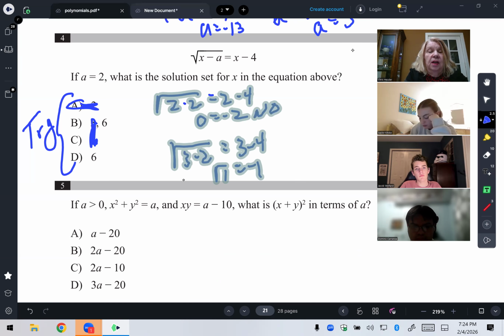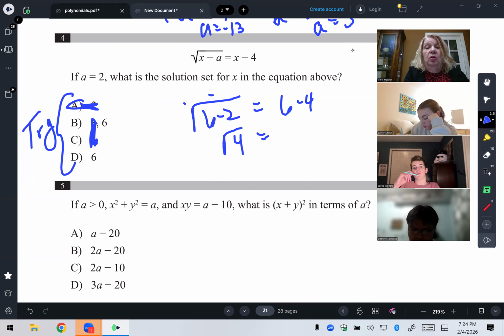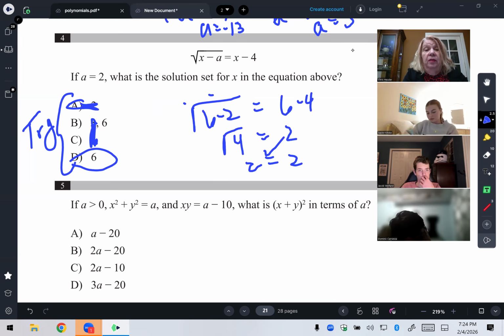So if we put in a 6, we'll get 6 minus 2 equals 6 minus 4. Does the square root of 4 equal 2? Yes, all day long. And so D would be my answer. And so you don't have to go through all the headache of squaring both sides. Just try the numbers.